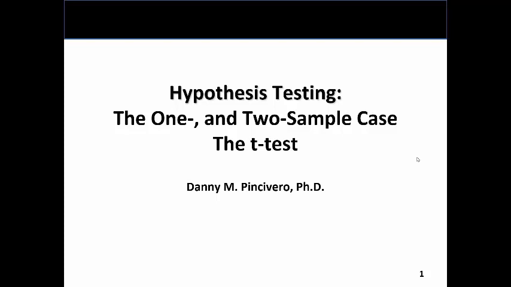In this video, I'm going to introduce a statistical test referred to as the t-test, and this is one of the many statistical tests that are carried out for purposes of hypothesis testing. So what is the t-test?